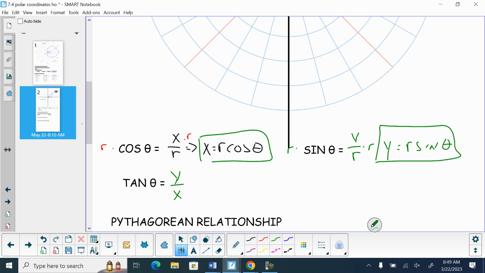So this allows us to basically take x and y, which is the Cartesian coordinate system, and move that into r's and thetas, which is the polar coordinate system. So it allows us to transfer from Cartesian to polar, polar to Cartesian. We have also our good old buddy Pythagoras.